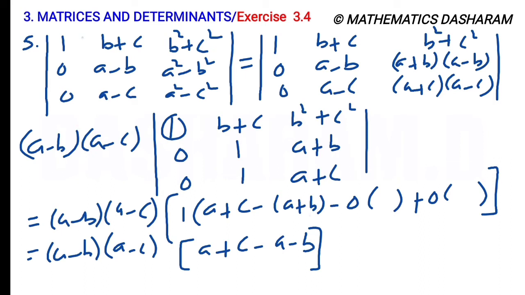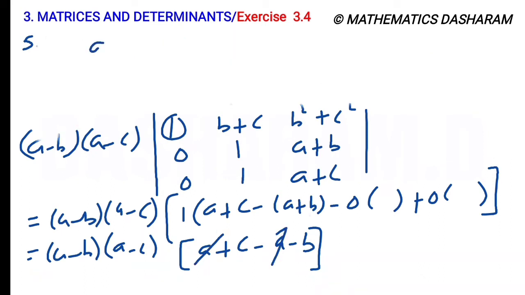So here what happened, plus A minus A cancel, so (A minus B) into (A minus C) into (C minus B).